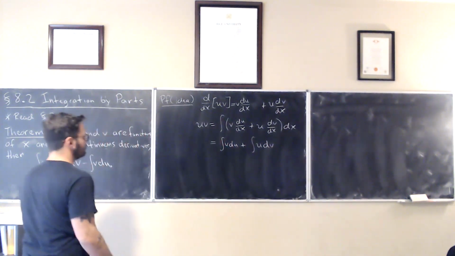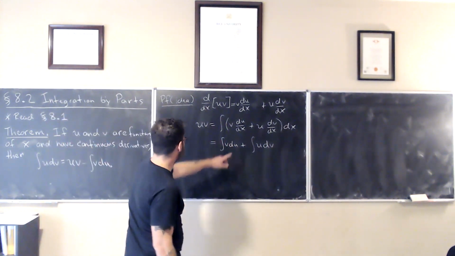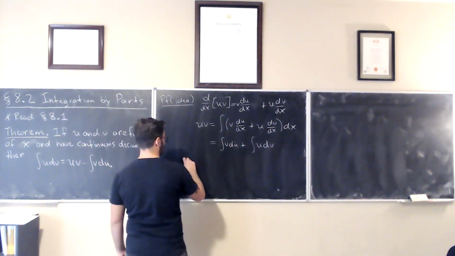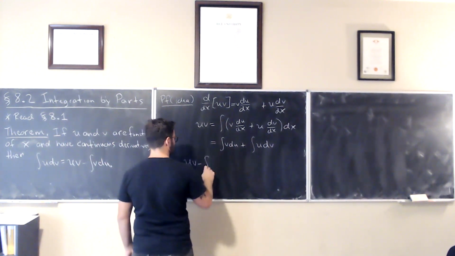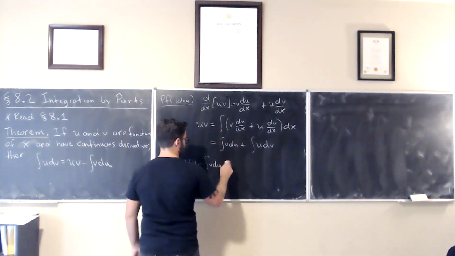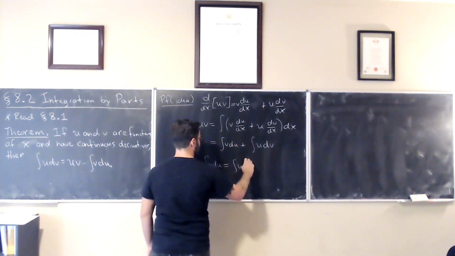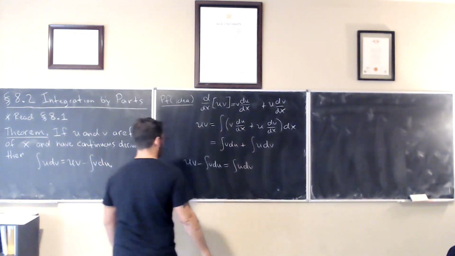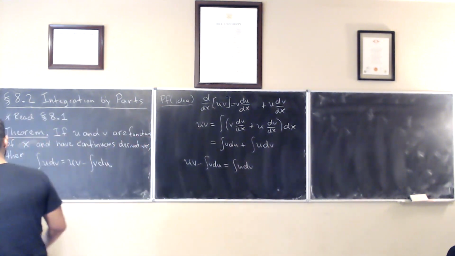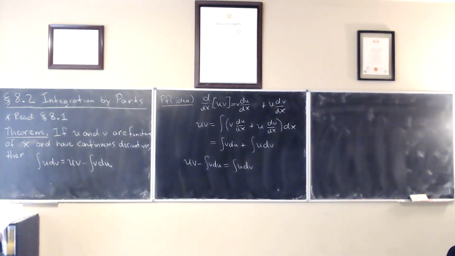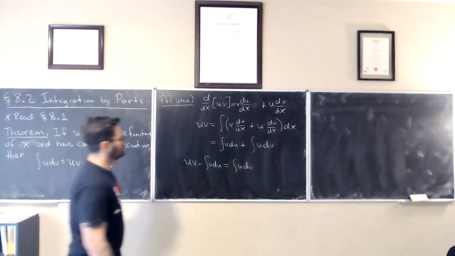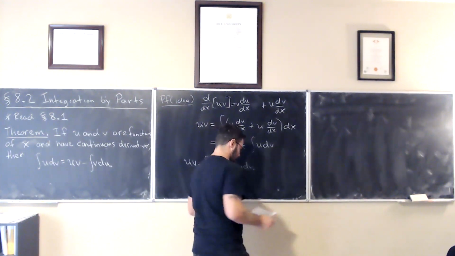And then if we move the integral of v du to the other side of the equation, we get that uv minus the integral of v du is equal to the integral of u dv. Okay, so that's more or less the proof idea.